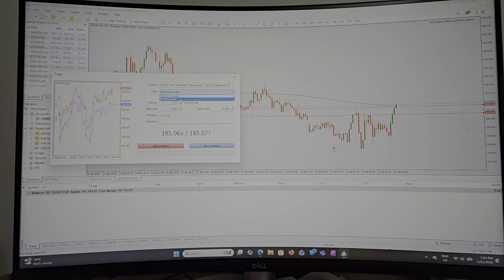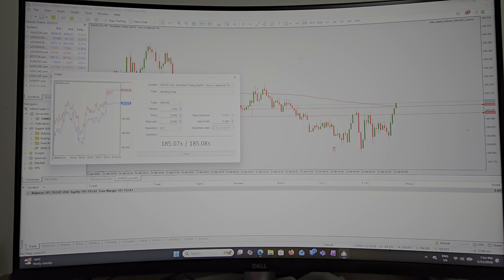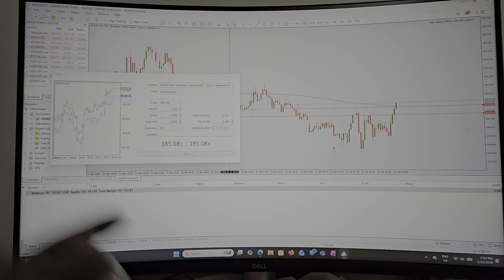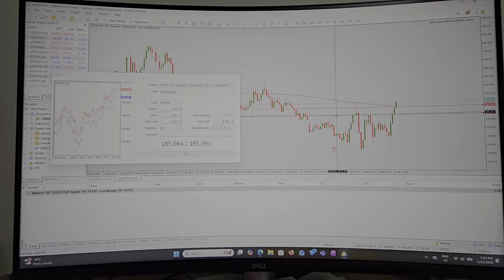So before I went to the pending order, sell limit, I had to use this to find the price, and then find an entry, stop loss, and then take profit. I wanted my take profit to be down here, and also the lot that I was going to use, all of this before I could get it set up.